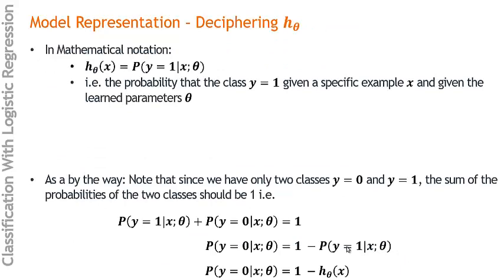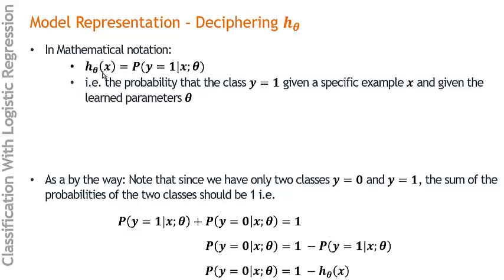In this way of thinking, we are actually interpreting h as a conditional probability. Now, conditional probability is a hugely important part of machine learning. So it's worth taking a little time to develop the notation of conditional probability.